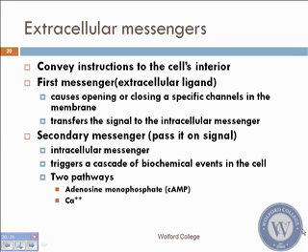The typical example of this is phosphodiesterase inhibitors. Cyclic AMP, once it goes into your cell, gets broken down, and in the process of breaking down, the secondary messenger becomes depleted.